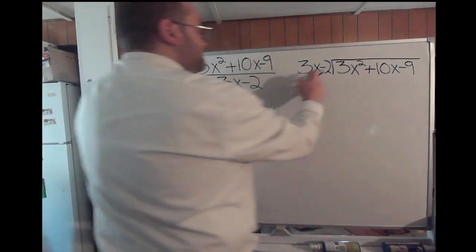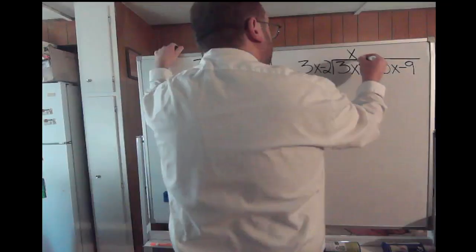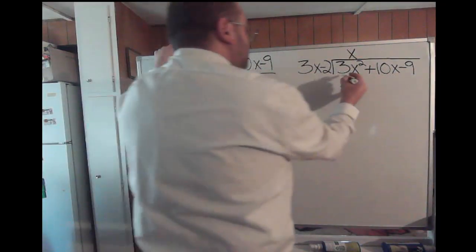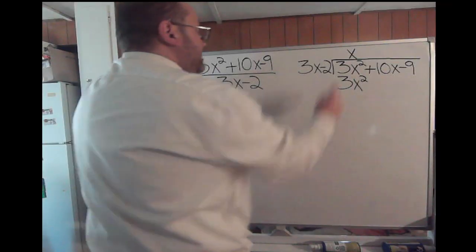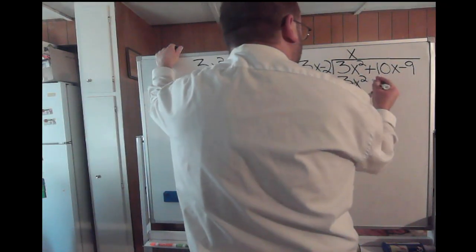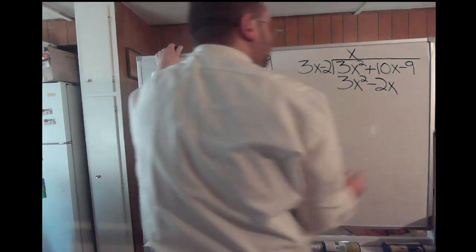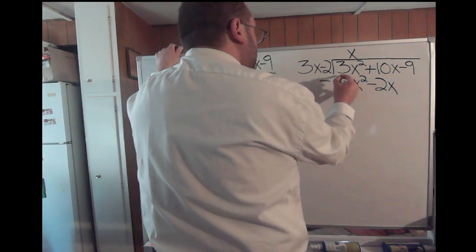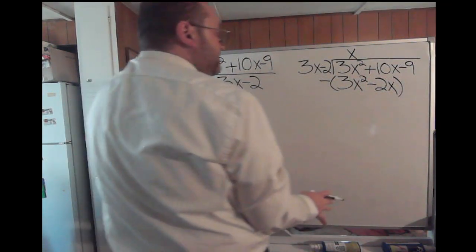So 3x times what equals 3x squared? Well, that'd just be x. X times 3x, that's 3x squared. Then x times negative 2, that's going to be negative 2x. So now you'll subtract the whole quantity of what you just got from your dividend. 3x squared minus 3x squared is 0.